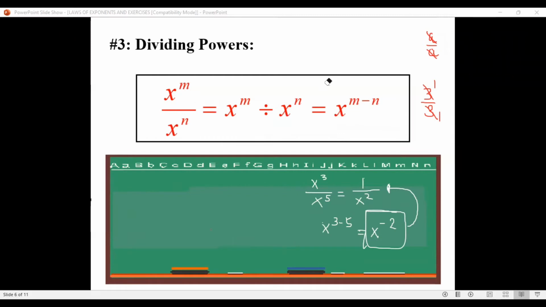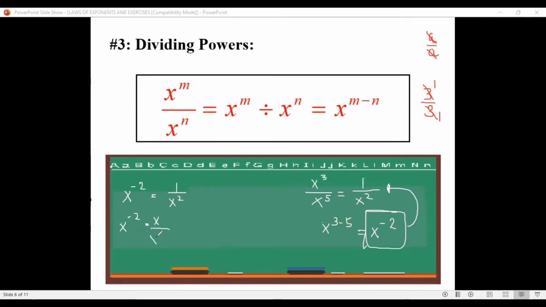If I want to make this exponent positive, I can multiply x raised to negative 2 by a certain number so that I will have x raised to the 0 power.